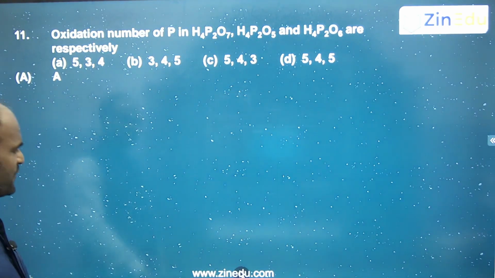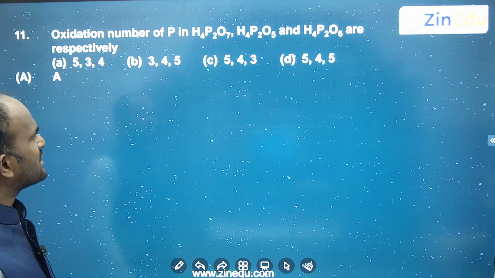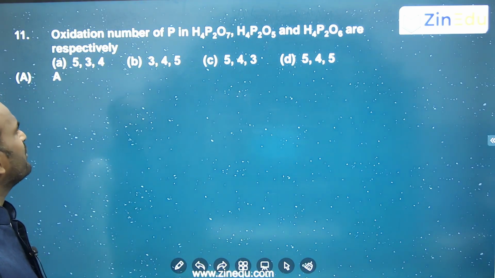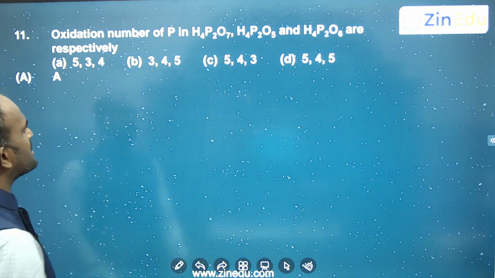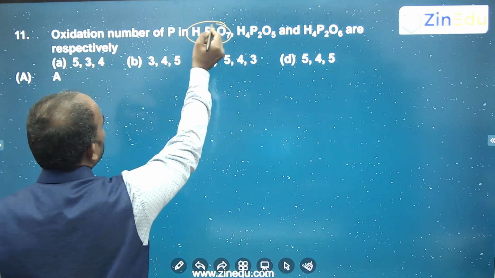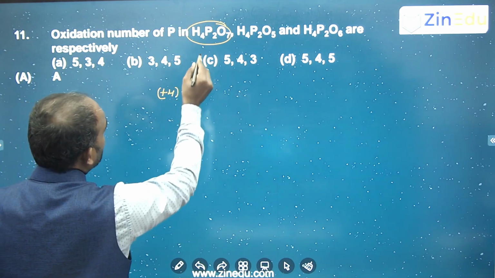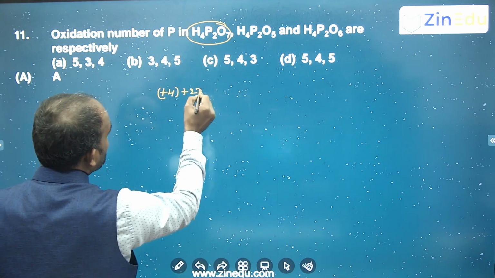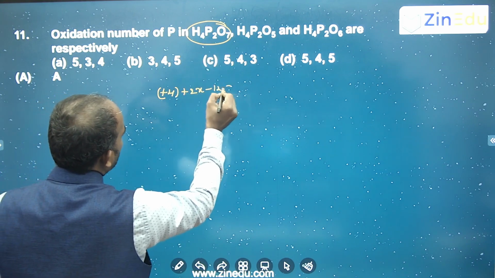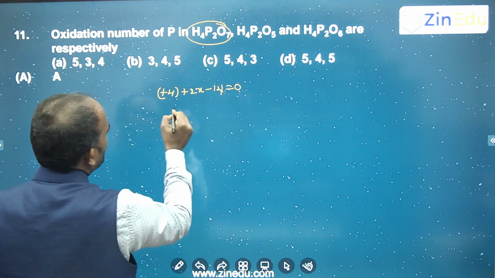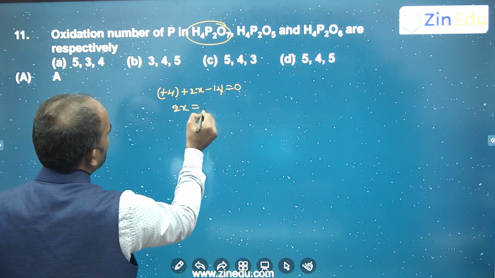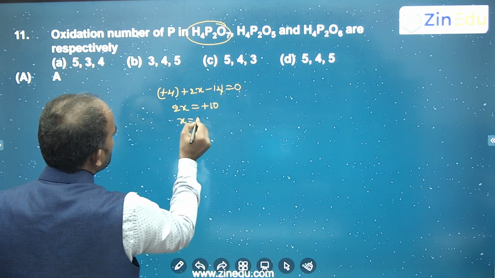Oxidation number of phosphorus in H4P2O7, H4P2O5 and H4P2O6. For H4P2O7 you can calculate: plus 4 into 1 plus 2x minus 14 is equal to 0, so 2x is equal to plus 10, x is equal to plus 5.